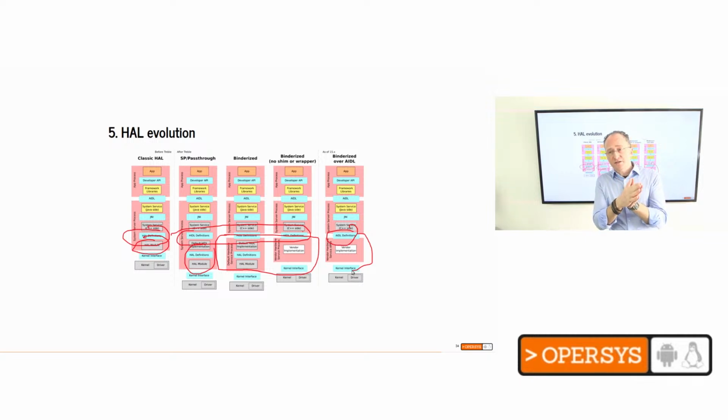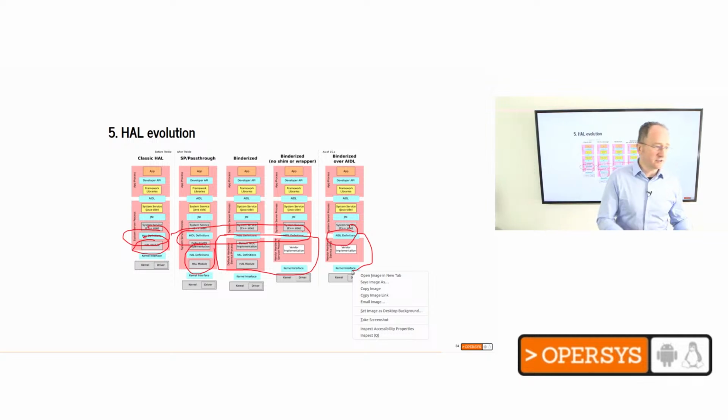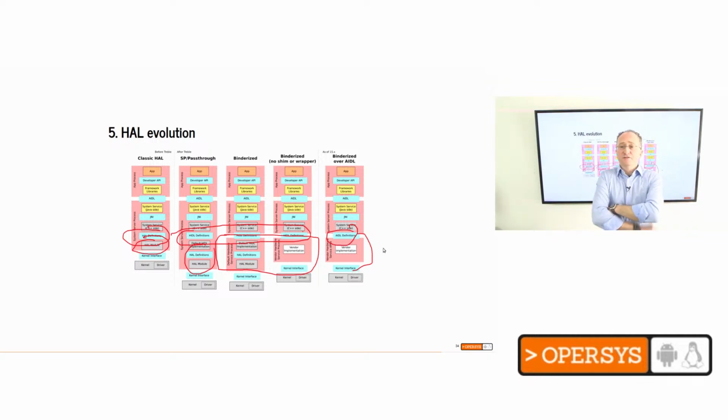So let me give you a bit of a walkthrough here of this stuff, show you where things lie and how things have more or less evolved over time. So I'm going to grab files from cs.android.com, and we're going to do a bit of a walkthrough here, see how things have evolved over time.